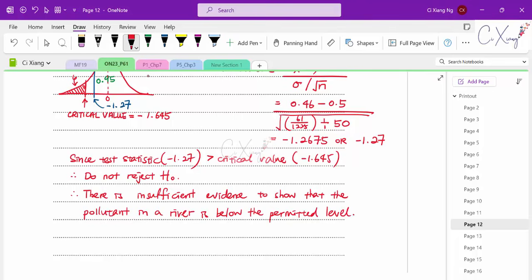Alright, so this is how we carry out the test for this particular question. Okay, then let's continue to the next part.